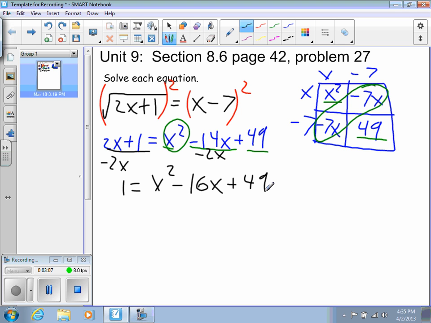So now I need to subtract 1 from both sides, giving me 0 equals x squared minus 16x plus 48.